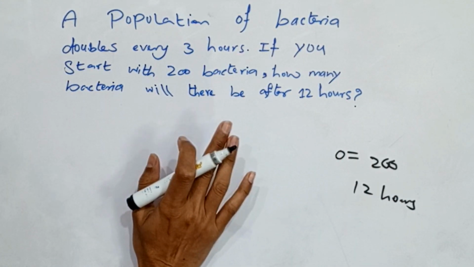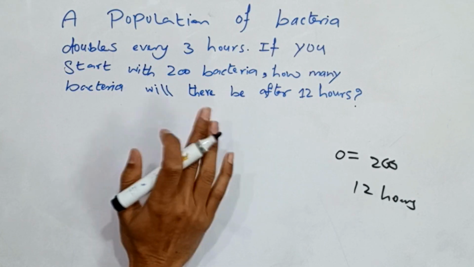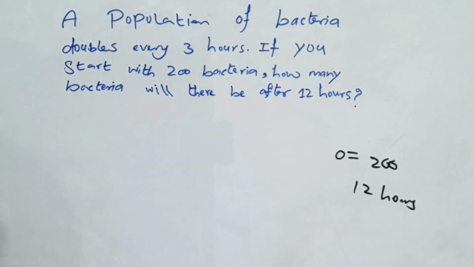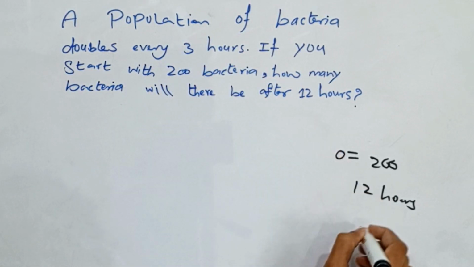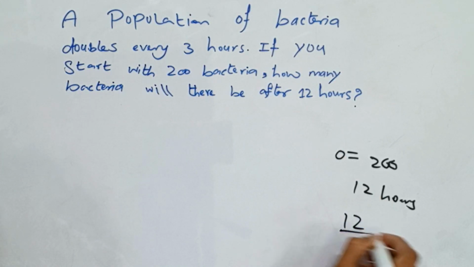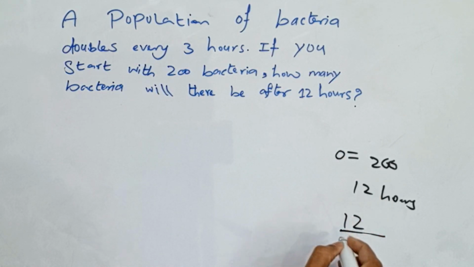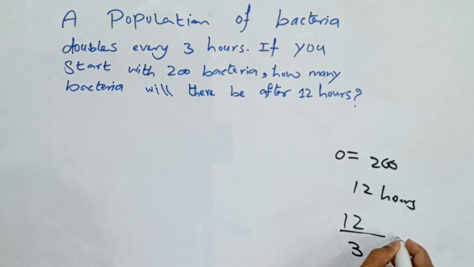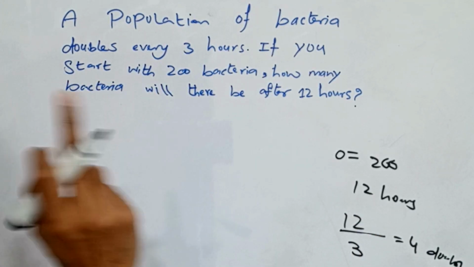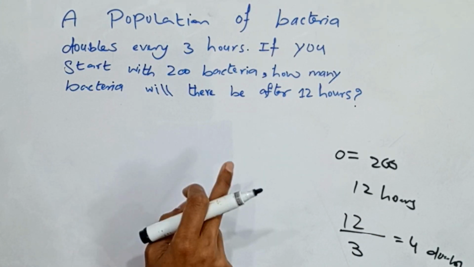To find out how many doublings happen in 12 hours, divide 12 hours by 3, which equals 4 doublings. So in 12 hours the bacteria will double 4 times.